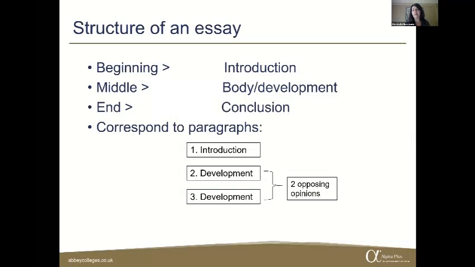And as previously explained, academic writing requires a balanced argument. So we need to present two opposing opinions. When I say two, I don't mean just two ideas. I mean, you agree, you disagree. And finally, we have the conclusion. The conclusion, the last part of your essay, is a summary of previously mentioned points and your own personal opinion. You do not introduce anything new in your conclusion.